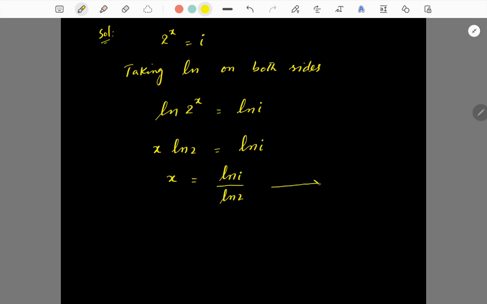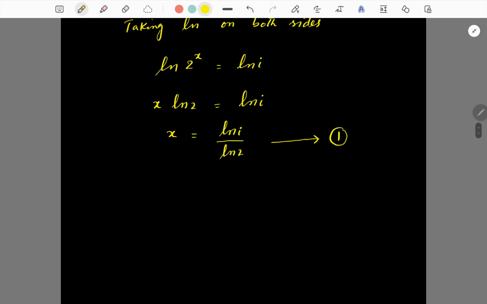This is actually the solution of this equation, which is given 2 power x is equal to iota, but here we have to find the value of natural log of i. So to find the value of natural log of i, we take this one.